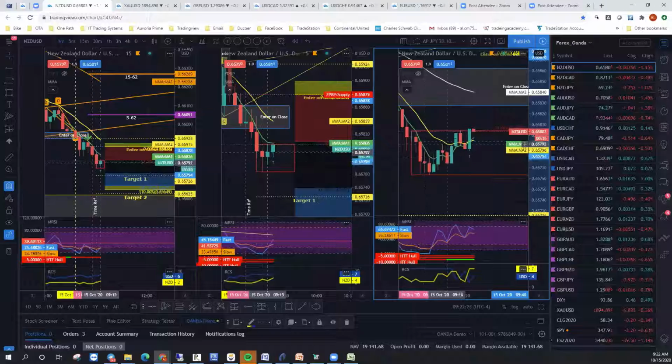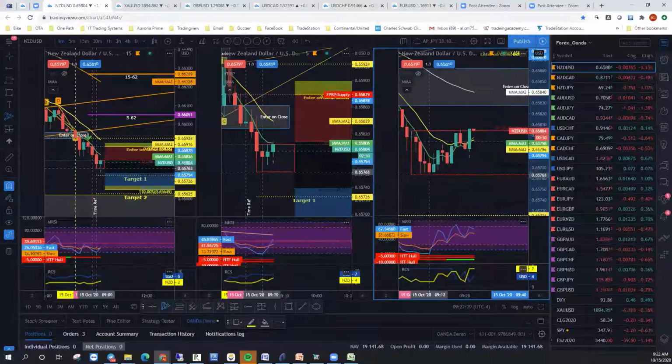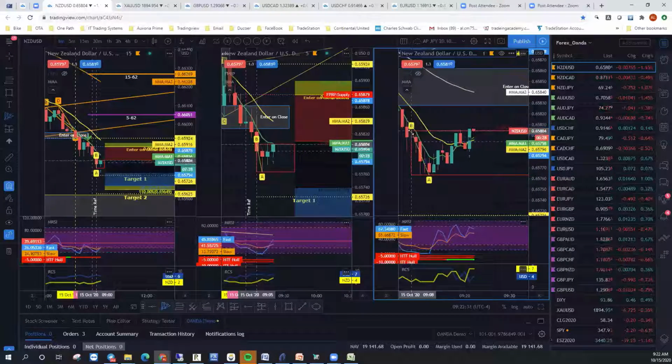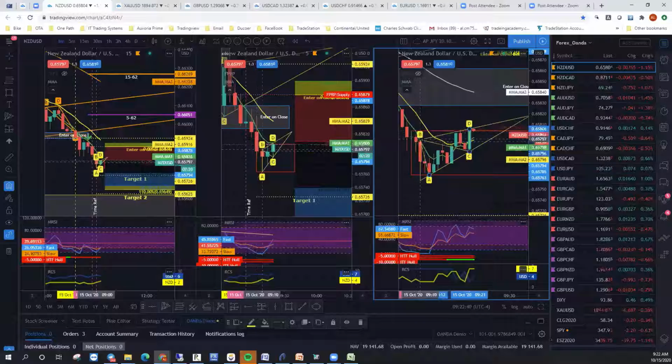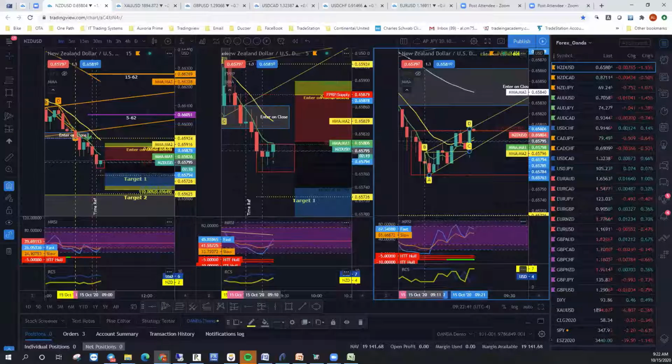You can see it's forming another little parallel channel on the upside. Here's a low, here's a high, here's a low, here's another high. And actually, I'm bringing this one down to more of a parallel.